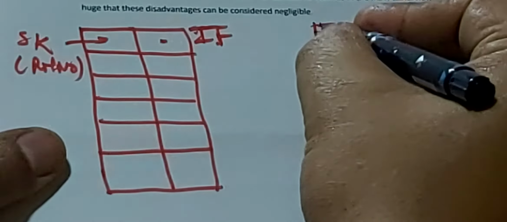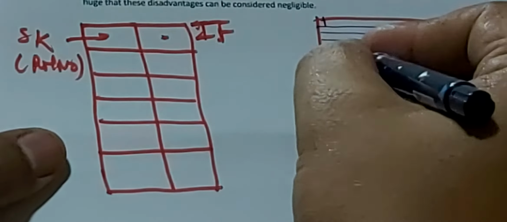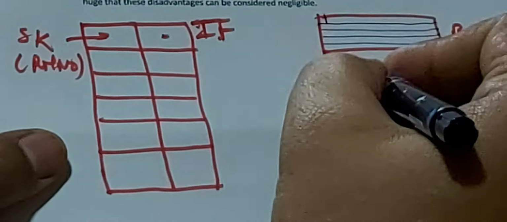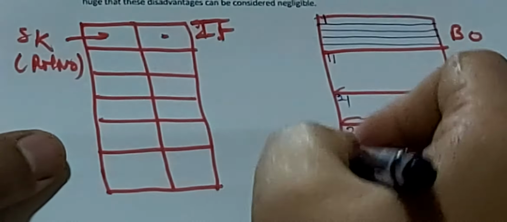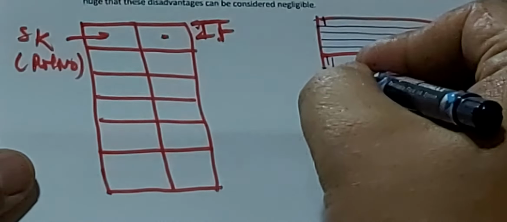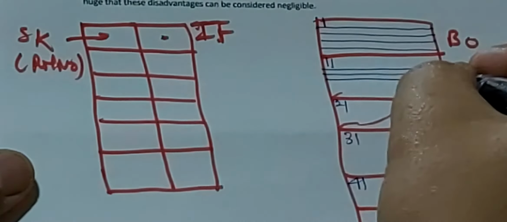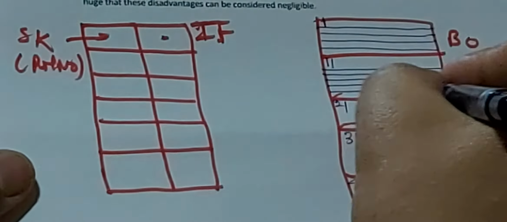Let's say every block is having 10, that means it is starting from 1, then the next block starts from 11, then 21, 31, 41, likewise. Clear? In this form the records will be stored.